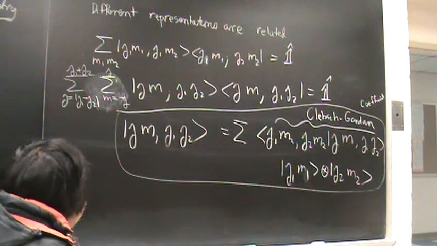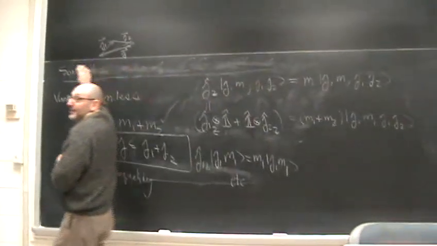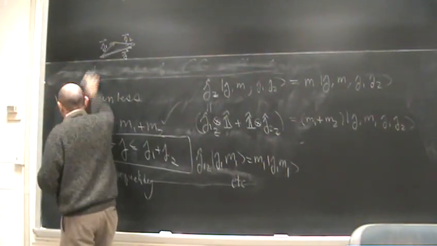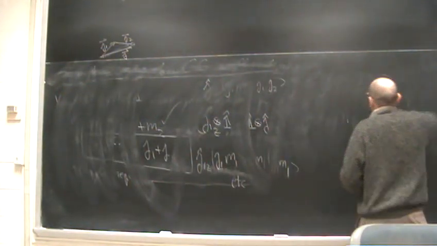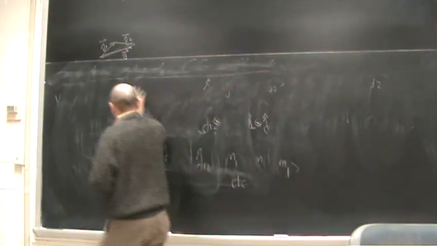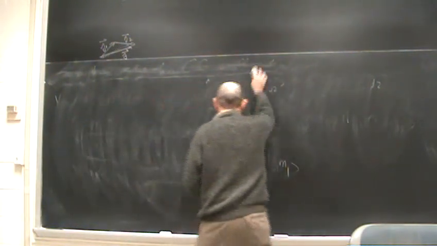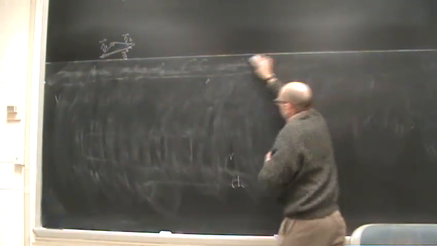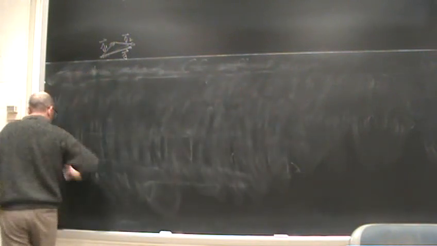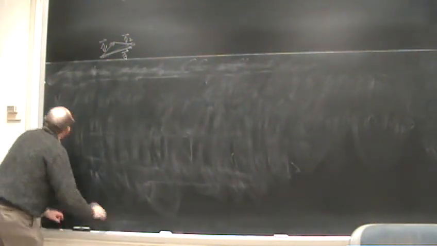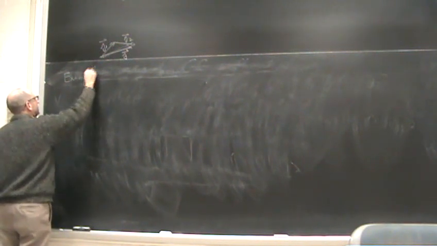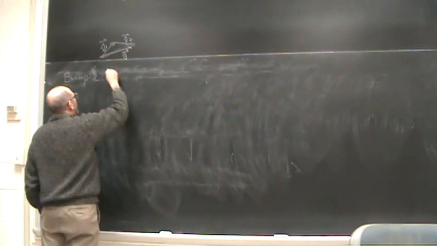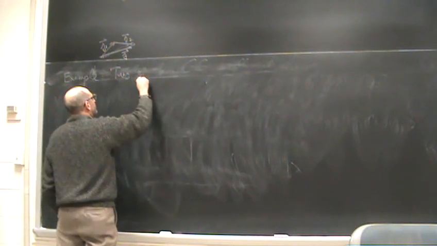All right, I want to finish, though, this lecture in our last 7 minutes, because I always have an extra 5. An example. So let's consider two spin 1/2 particles.